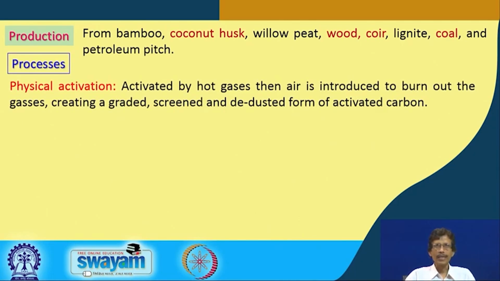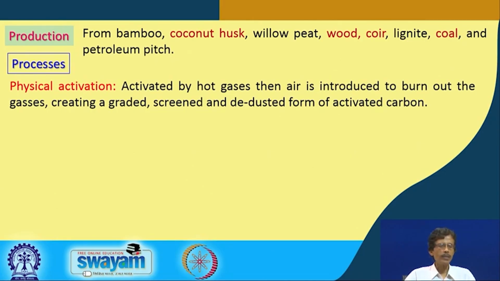So first in this category is the physical activation, where the activation goes with hot gases, then air is introduced to burn. So first we pass some hot gas, and then typically hot air is also introduced and we burn the material.